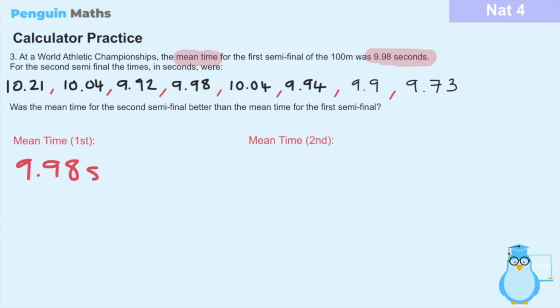Now, to calculate the mean time for the second semi-final, what we would have to do is add up all of these times together, so add all of these 8 times and then divide them by the amount of races that were recorded.